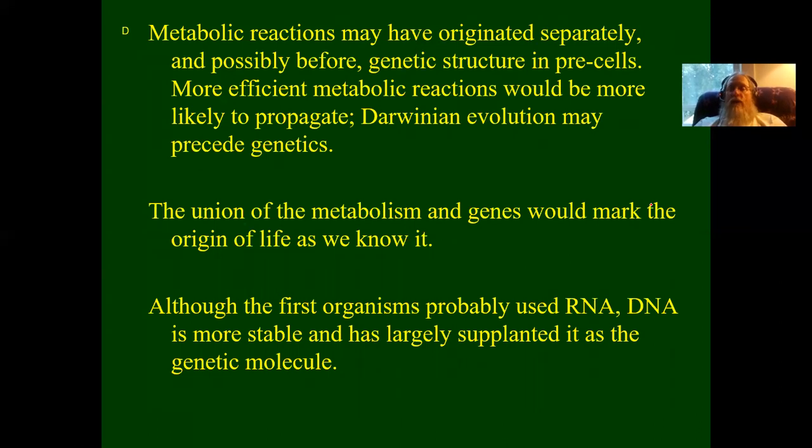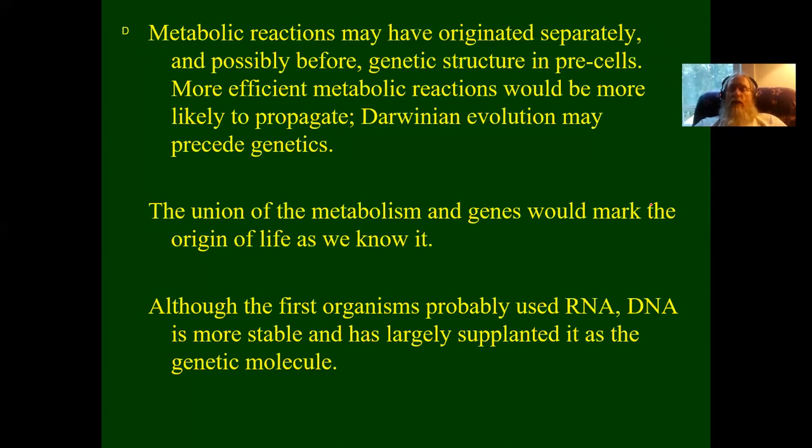So you could have natural selection acting on the more efficient ones, even before there were genes. Because I guess you don't really need genes for Darwinian evolution necessarily, because what you need is the information on how to do something like run a metabolic reaction, and the reaction itself has the information on how to do it.